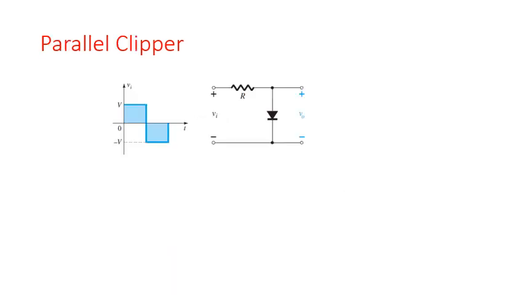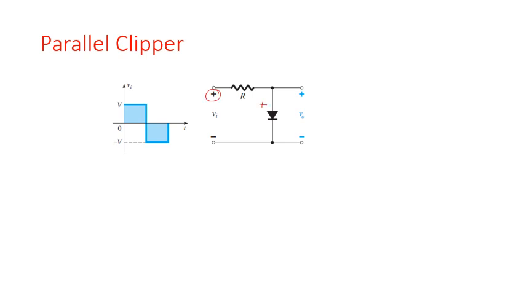Now coming to the next part, the next thing that we are going to study is a parallel clipper. Obviously, the series clipper was known as a series clipper because the diode was placed in series. Now the diode is placed in parallel, therefore a parallel clipper. You can pause the lecture over here and try and figure out what kind of output this circuit is going to give to you. I have a positive over here, so this positive is coming over here.